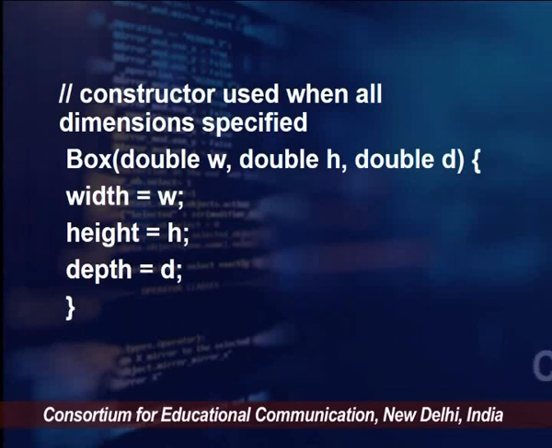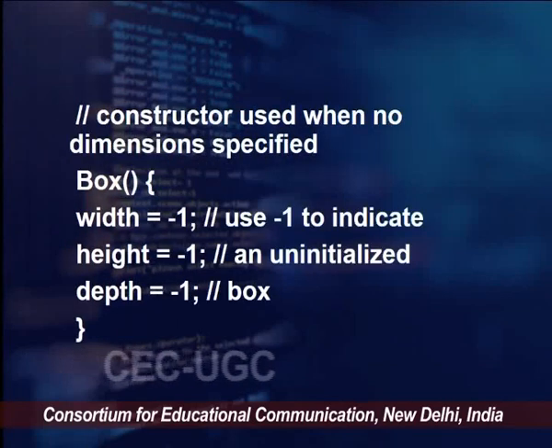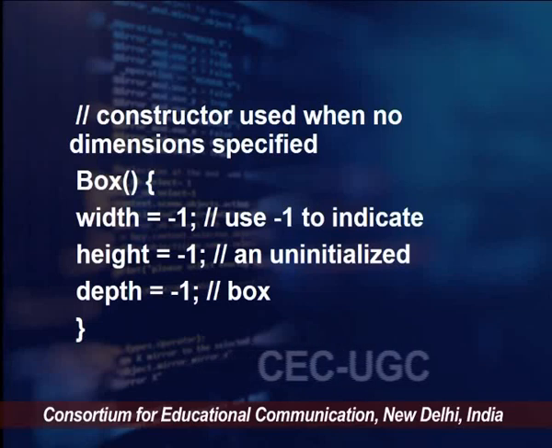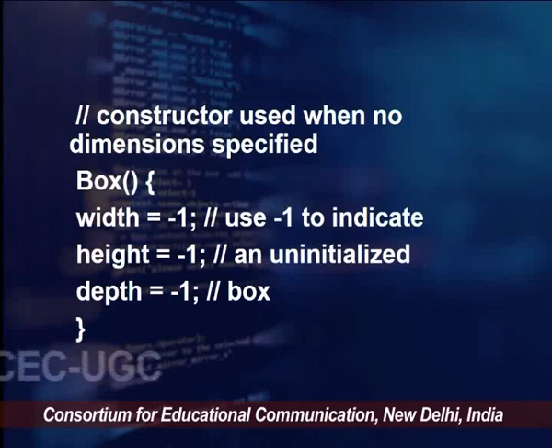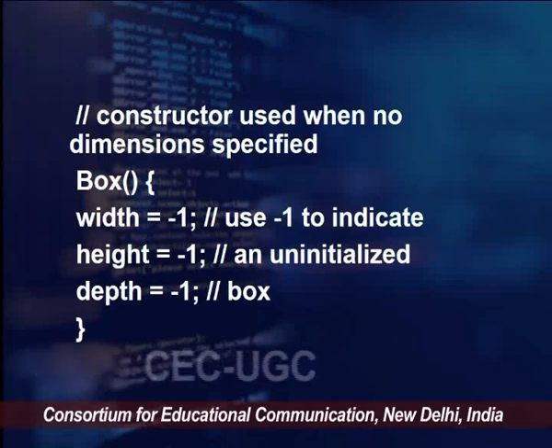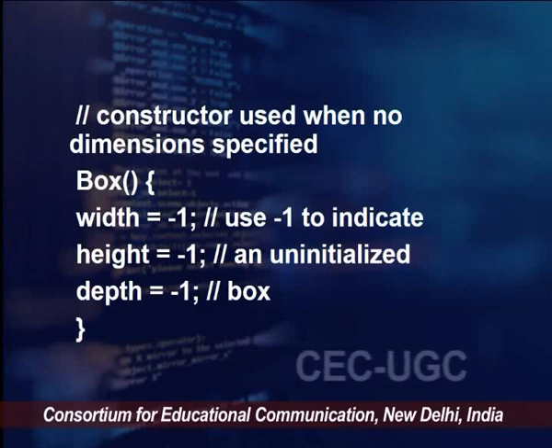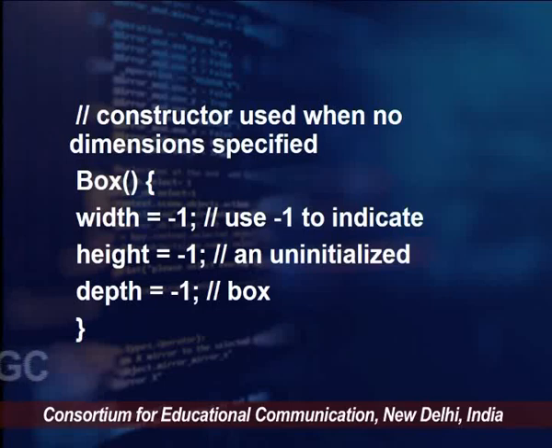So here is another simple concept. Now again a constructor in which no dimensions are specified, and we are using width equal to -1, height equal to -1, depth equal to -1, and in a way this is used to indicate an uninitialized box.